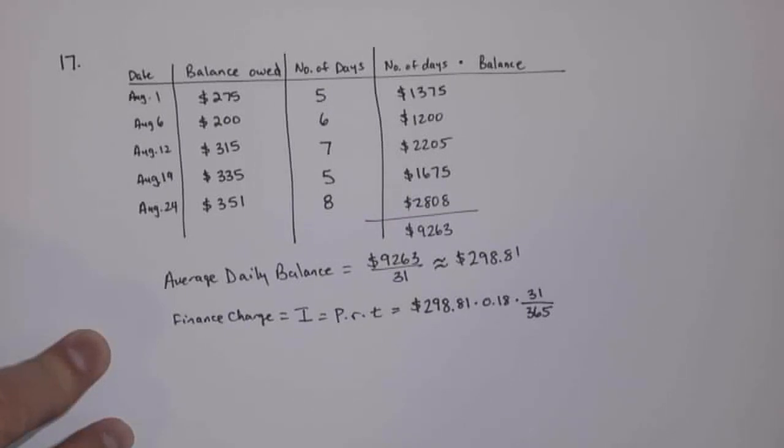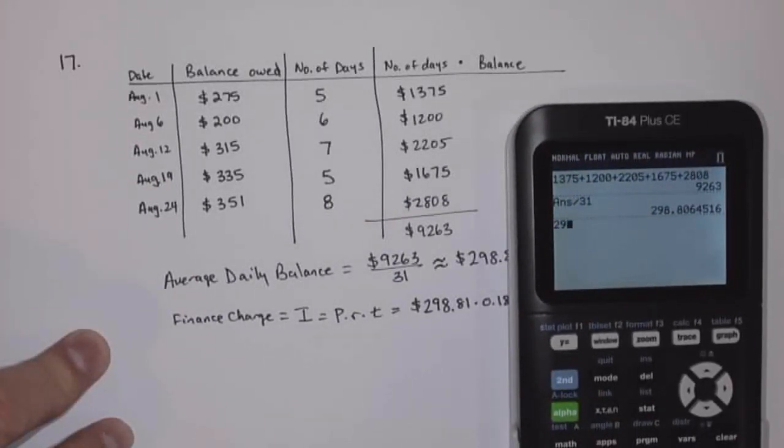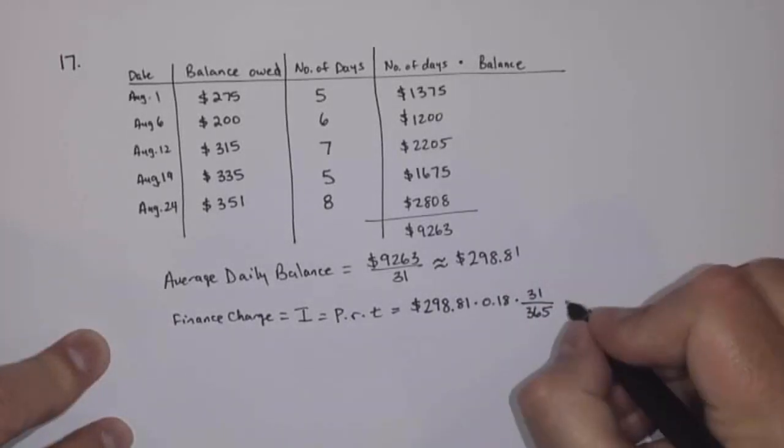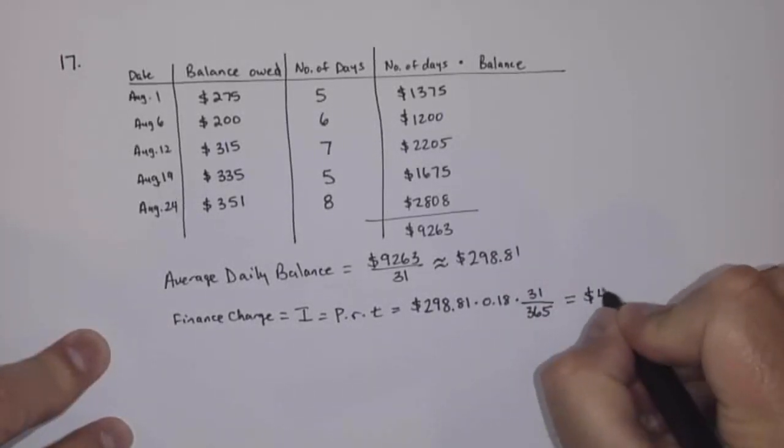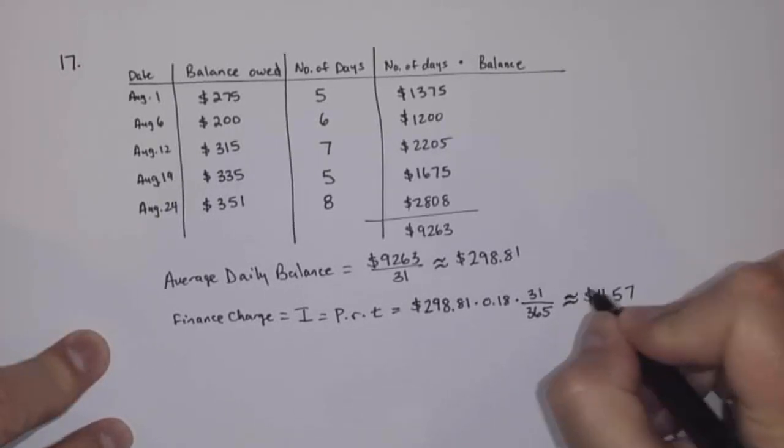So if I bring my calculator back in here, $298.81 times 0.18 times 31 divided by 365, that is equal to $4.57. Again, technically that is approximately equal to there.